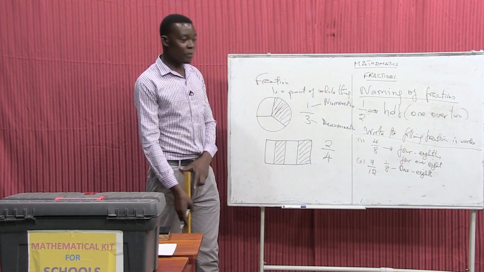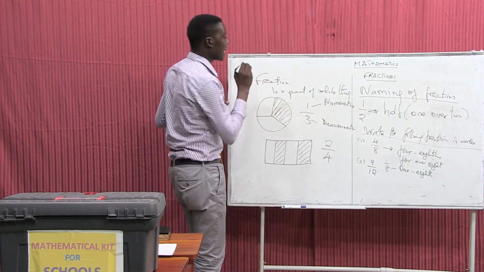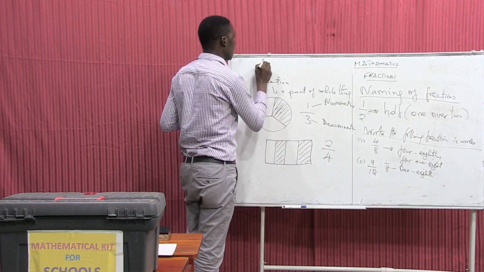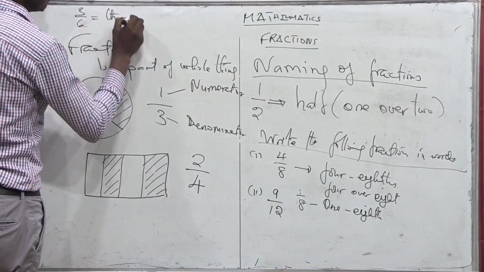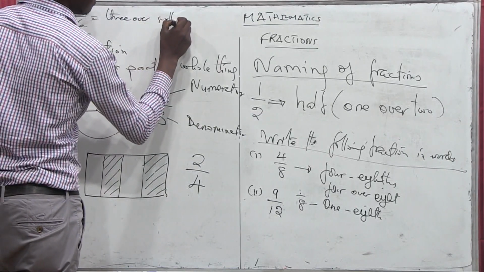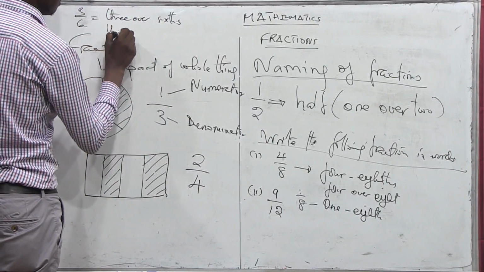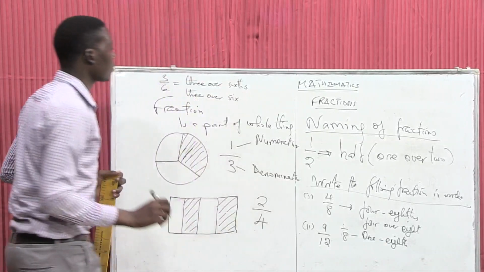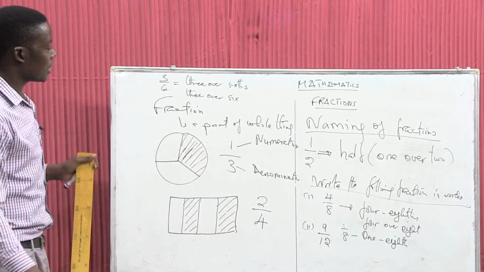Right? Which is correct? For example here, three over 6 and 3 sixths. Which is correct?